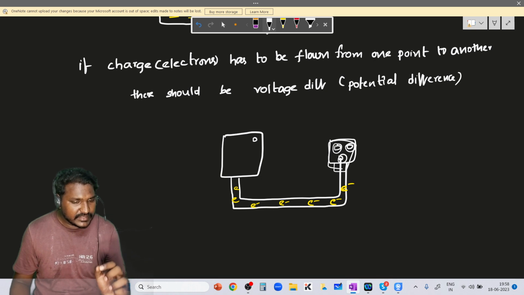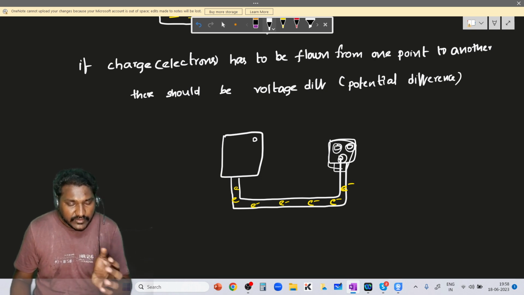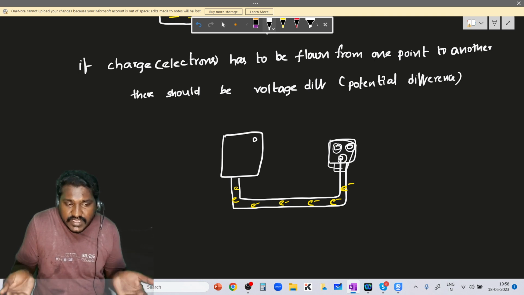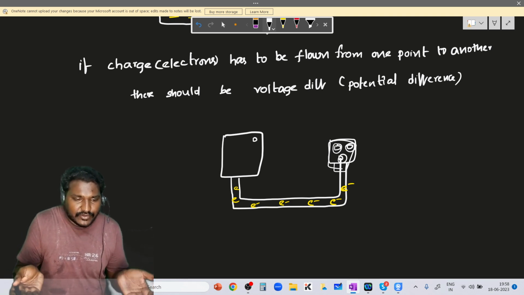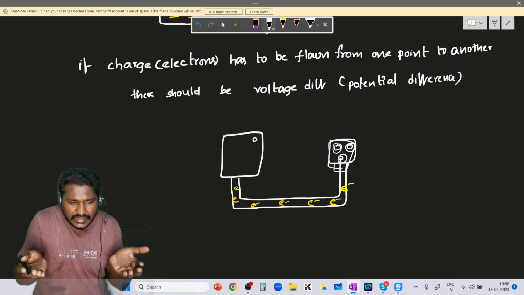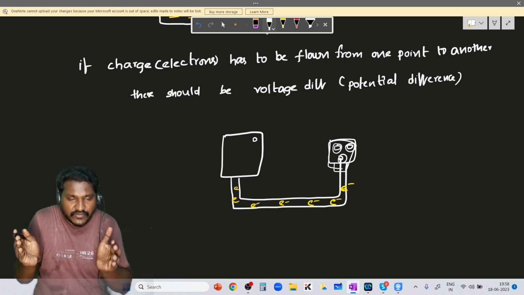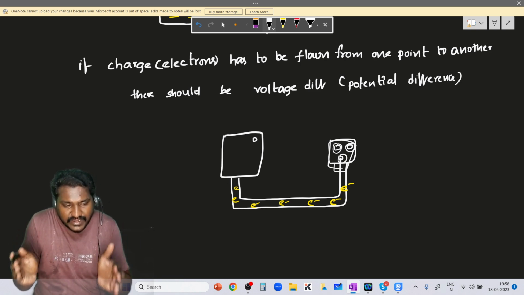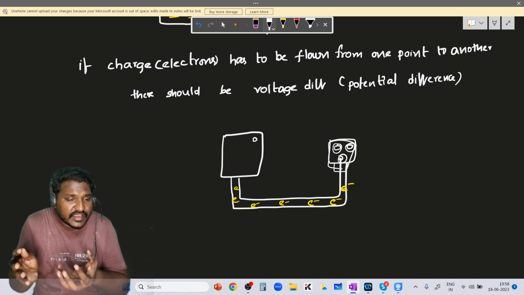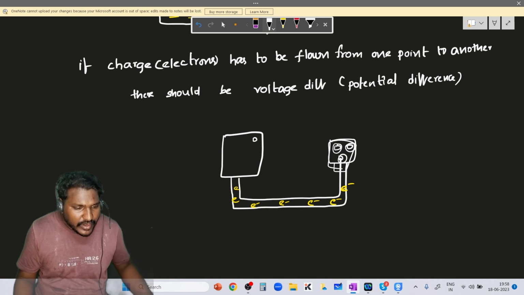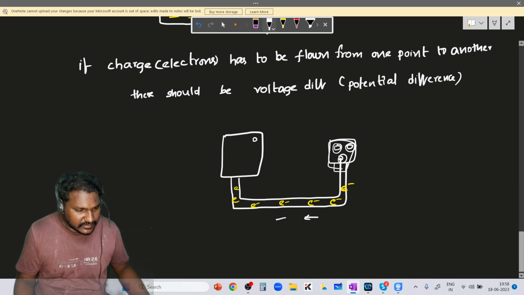If there is a difference in voltage, that will cause the movement of electrons, that will cause the movement of charge. Particularly, if we want to define it clearly, the potential difference is defined as the amount of work done in bringing an electron from one point to another point. So for example, this electron is flowing like this.